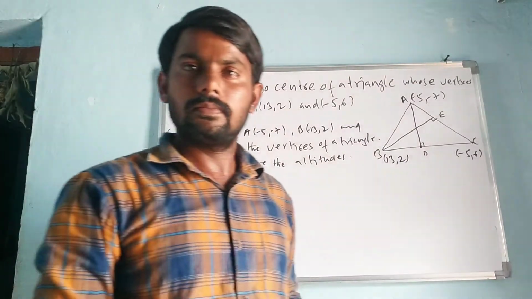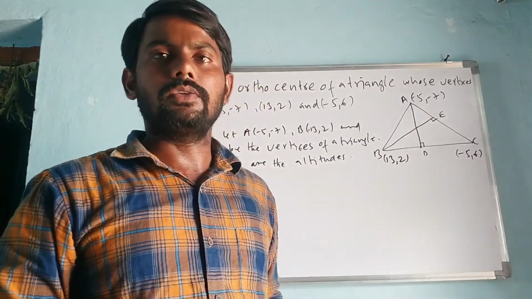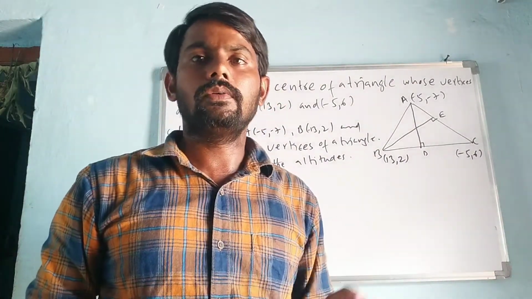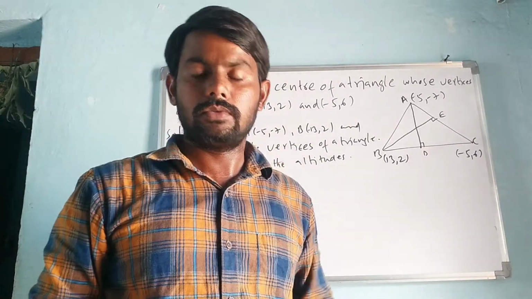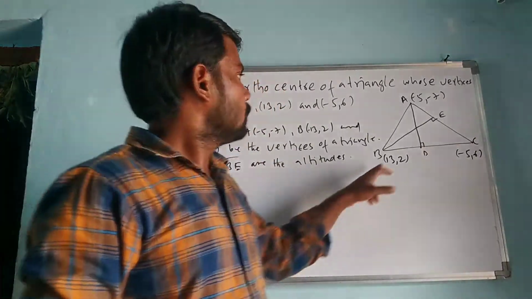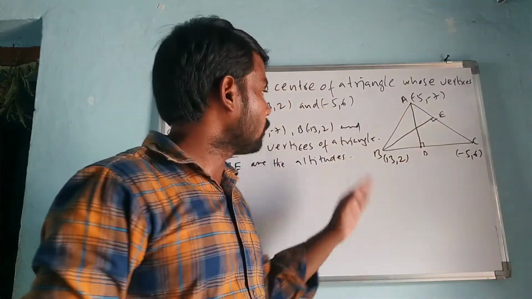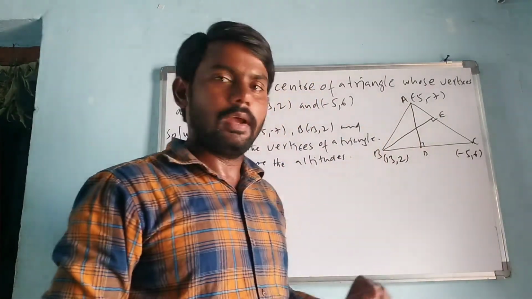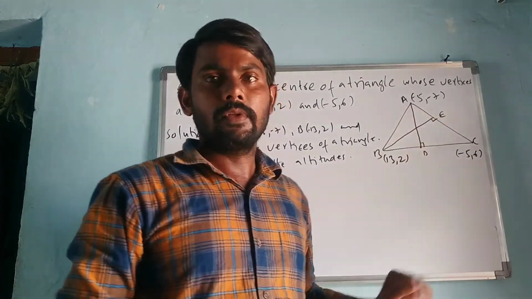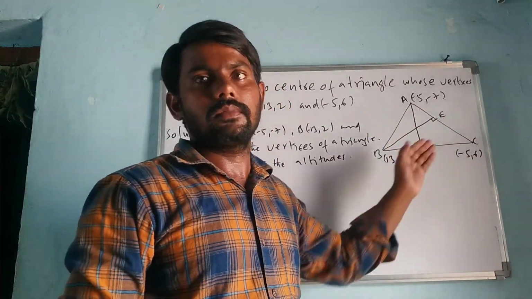In this question, we have to find the equation of any two altitudes. So we assume that AD is an altitude and BE is an altitude. We have to find the equation of AD and the equation of BE from the given data.